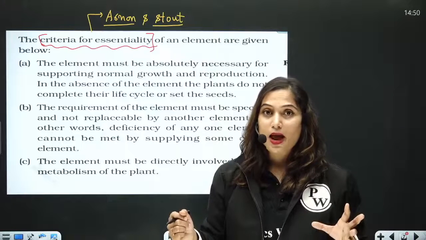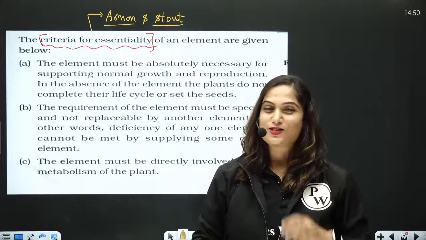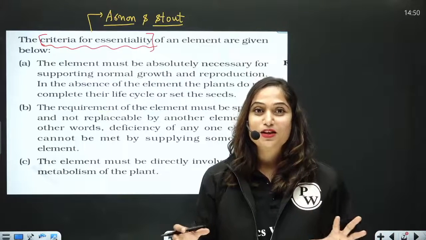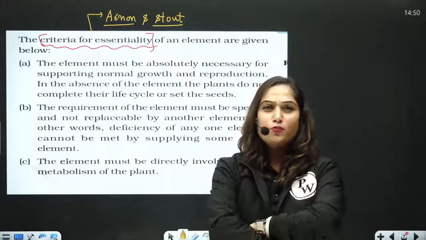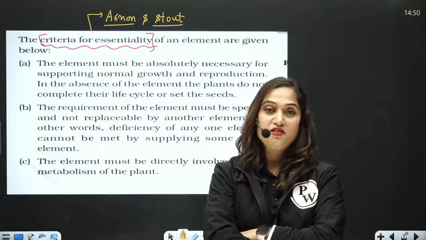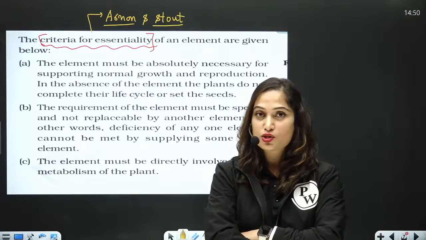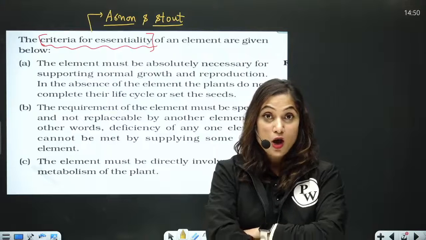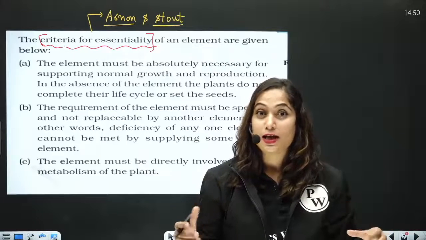Then the mineral should be irreplaceable. That means there is no substitute for that particular mineral element. Only that particular mineral element can do what it does in the plant. No one else.